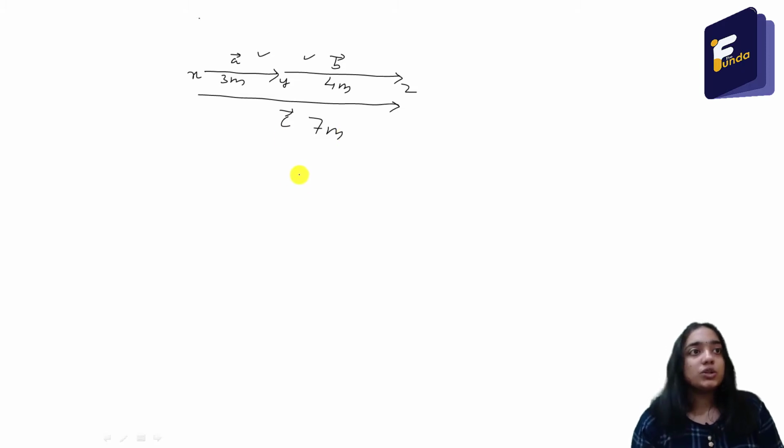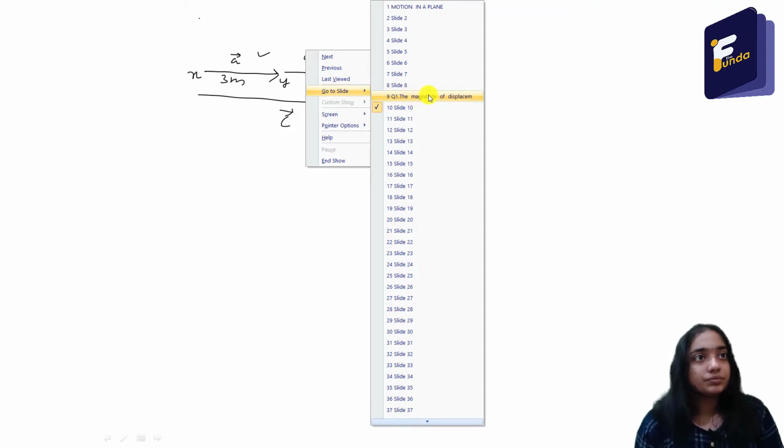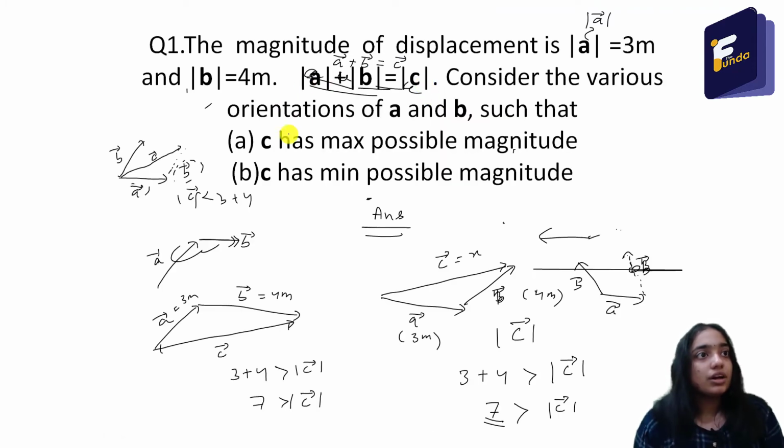So the first question was, C has maximum possible magnitude. It has maximum possible magnitude when the two vectors lie along the same straight line like this. Then only C will have maximum possible magnitude, and that magnitude is 3 plus 4, that is 7.